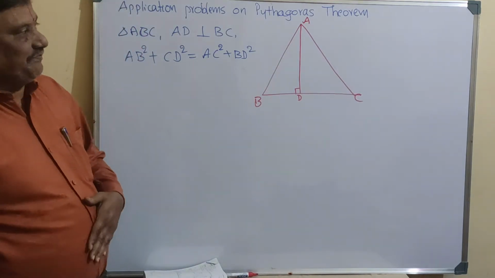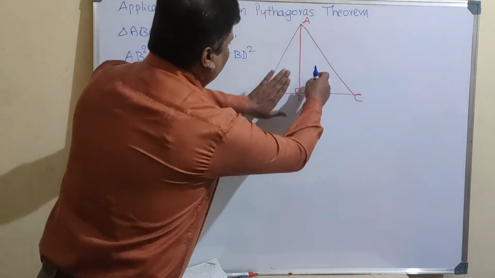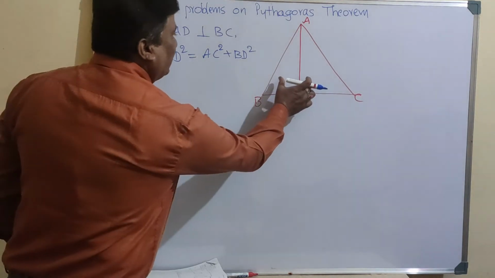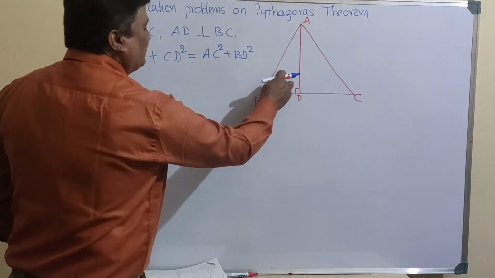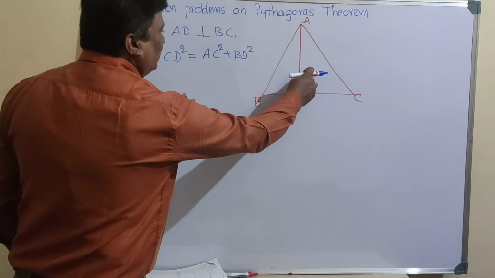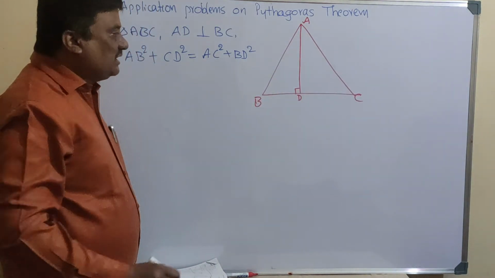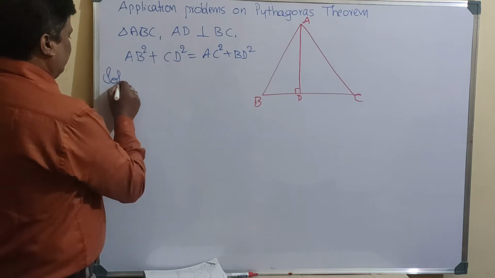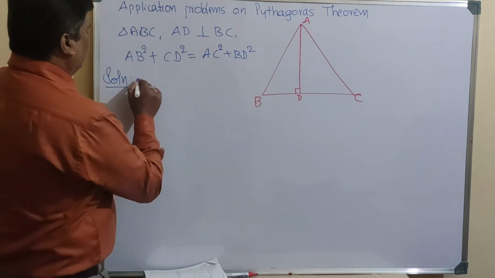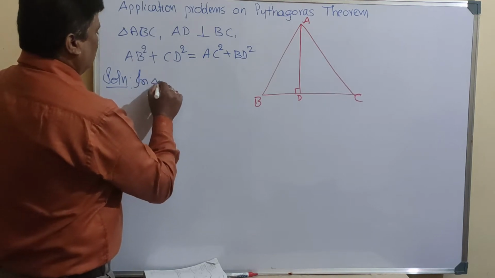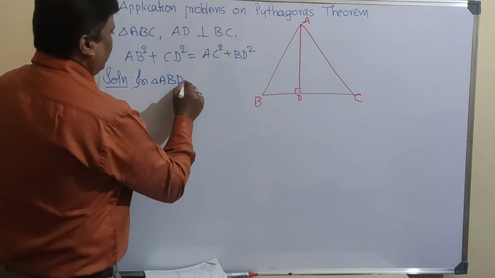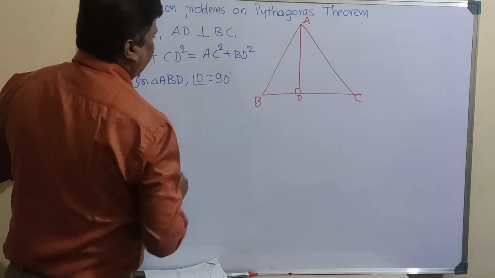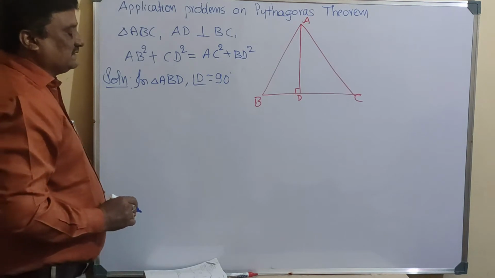In order to prove this, we take the two triangles, triangle ABD and triangle ADC. These two are right angle triangles. First, let's consider the solution. In triangle ABD, angle D is equal to 90 degrees.